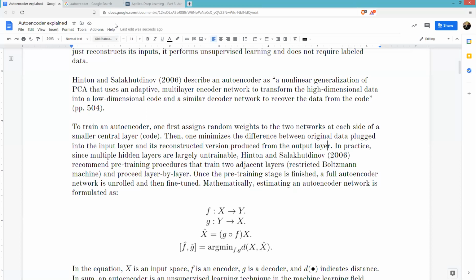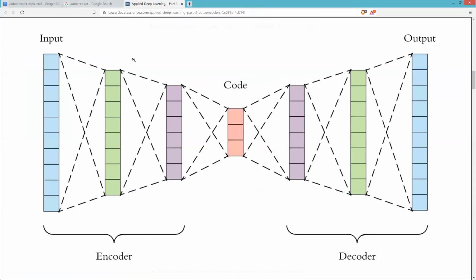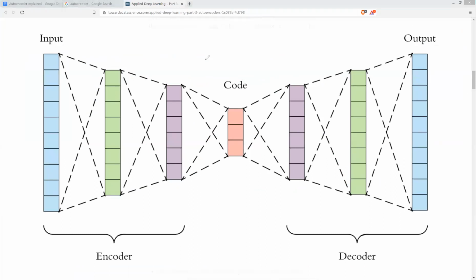So how do we estimate this? First we assign random numbers, then we plug data in at the input. This data goes through the autoencoder network and comes out over here as decoded data.